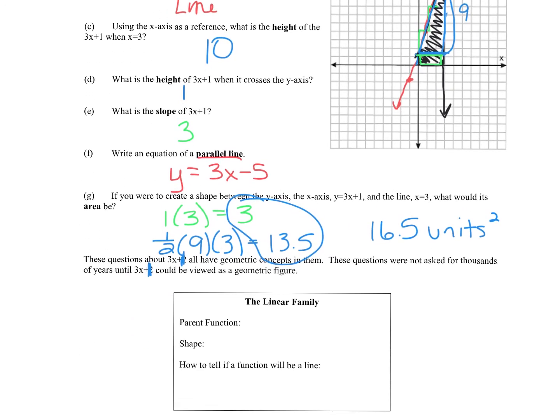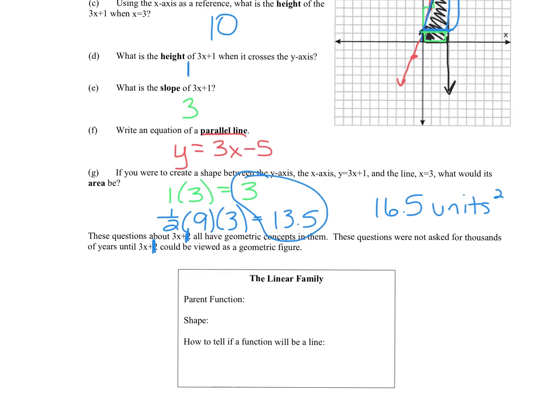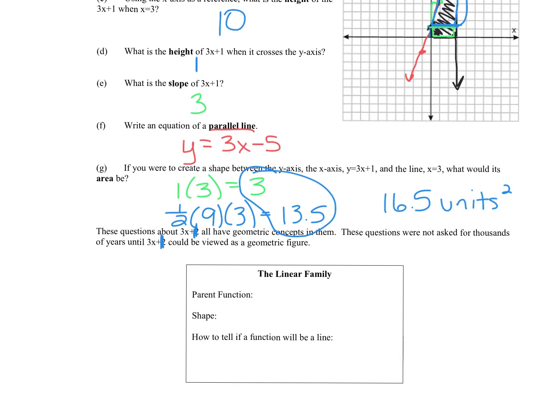So looking down the page to kind of summarize this, now we talk about these expressions that just have an x to the first, as the linear family. Their parent function, which basically means, think of it like the parent that everything else came from. The most simple linear function is y equals x. Its shape is a line, thus the name linear.